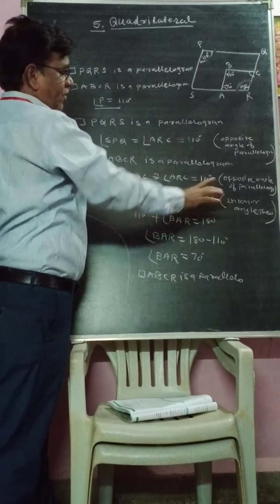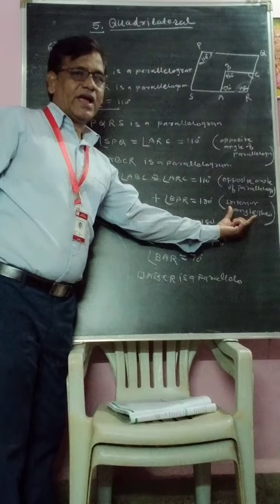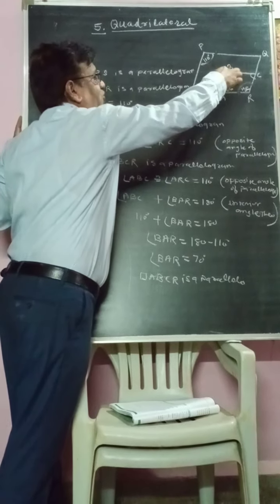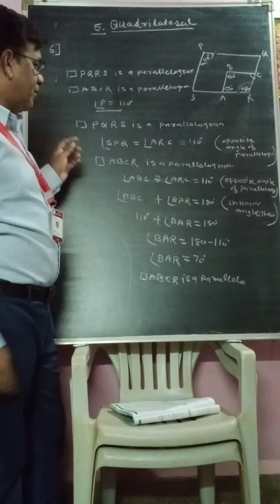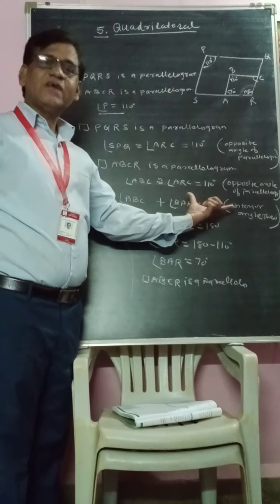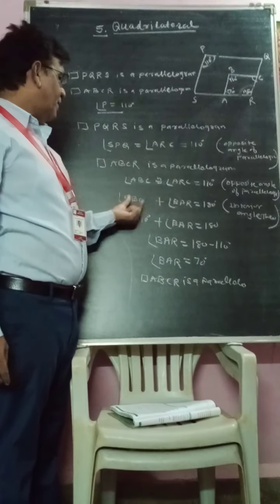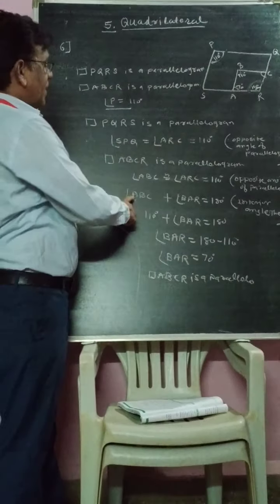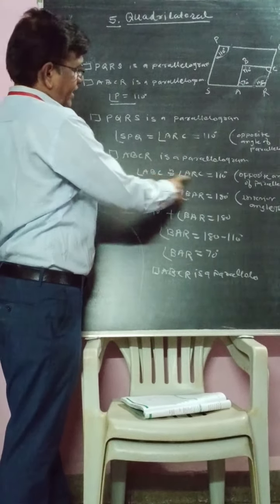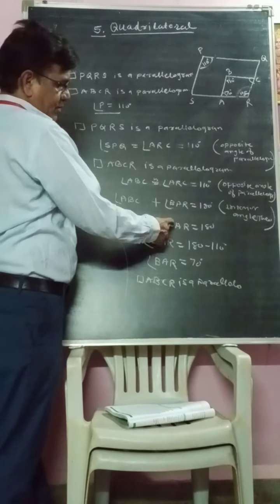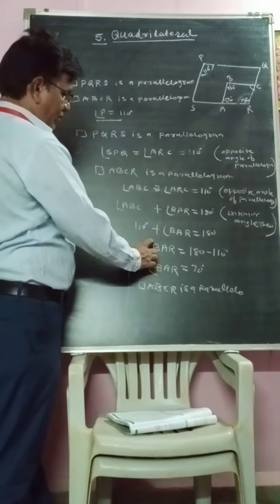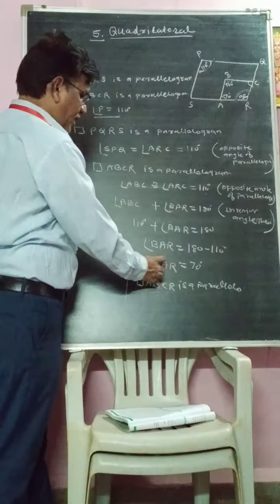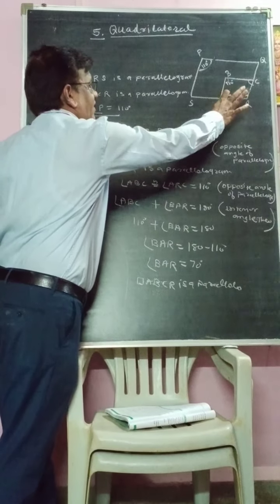So ABC plus BAR is equal to 180, the property of interior angles, because these two sides are parallel and this is the transversal, means these two are interior angles. The interior angles of parallel lines are supplementary. So ABC plus BAR is equal to 180. Now ABC we already know, we found ABC is 110. So 110 plus BAR is equal to 180. Therefore BAR is equal to 180 minus 110. So BAR is equal to 70. This angle is 70.